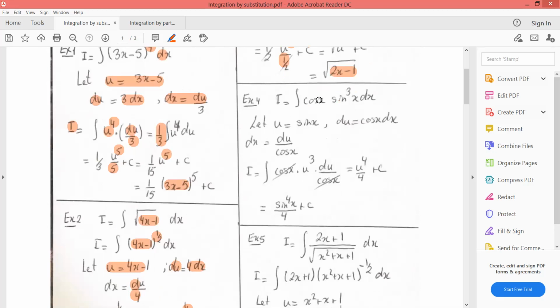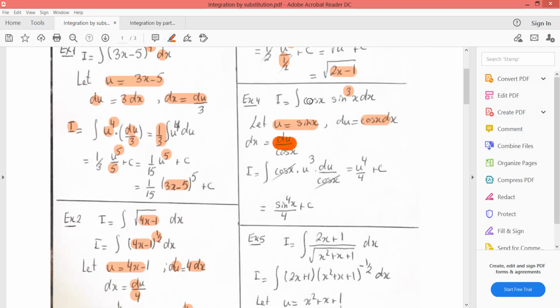Example 4: cosine x sine cube x. The base of the power is sine x. I take u equal sine x. The derivative of sine is cosine x dx, and dx is du over cosine x.